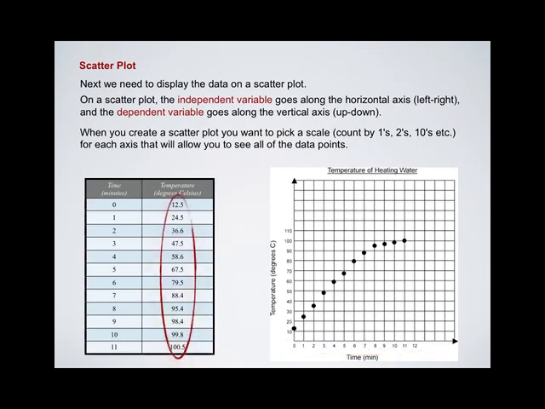And we also took our data points from our temperature and used those to set our scale for our vertical axis. Here we counted up by tens, and again we left a little bit of room to extend our data. Be sure to label each axis, including the units. So temperature was labeled with degrees Celsius and time was labeled with minutes.